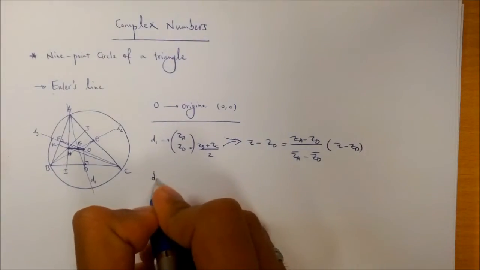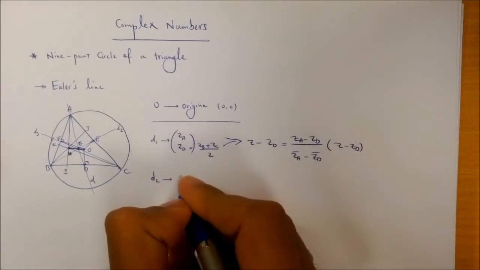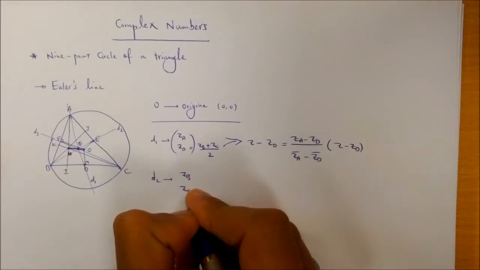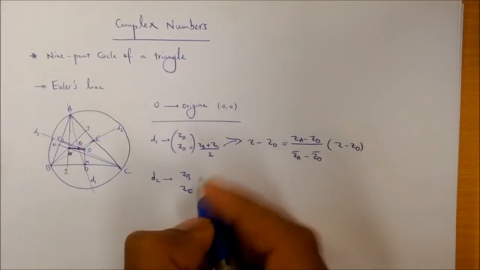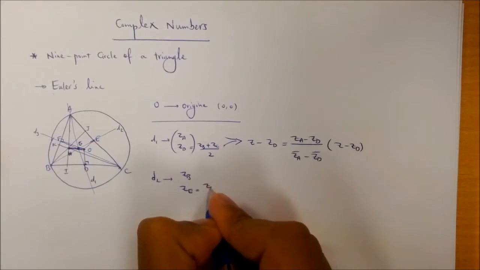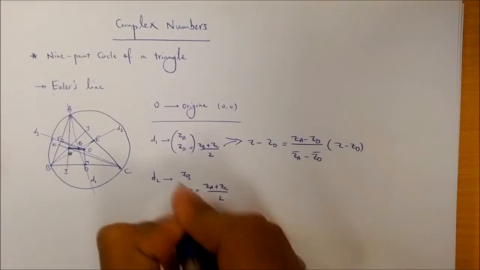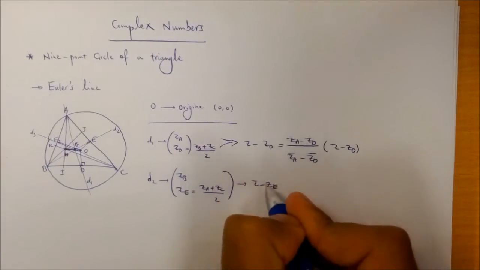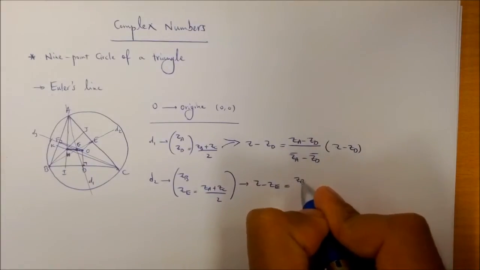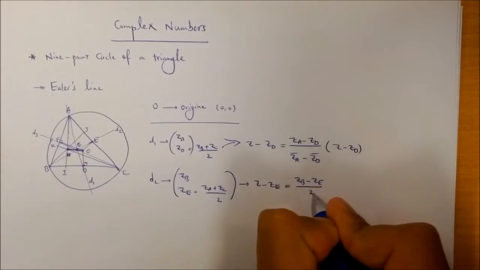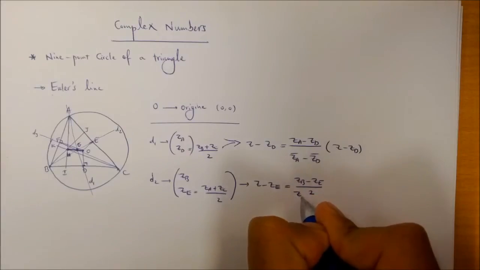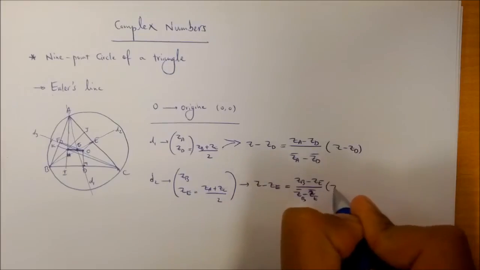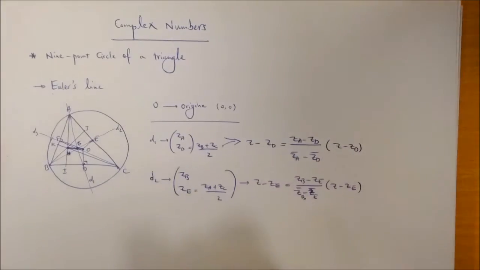Similarly, I consider the equation of D2 passing through ZB and ZE, this point, which is equal to (Z of A plus Z of C) over 2. The equation of this line is Z minus ZE equal to (ZB minus ZE) over (ZB bar minus ZE bar) times (Z bar minus ZE bar).